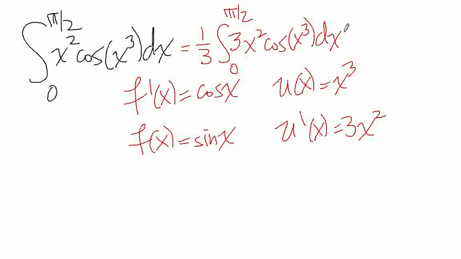Okay, then I'm going to switch to the variable u, and I'm going to get 1/3 the integral of the cosine of just u, evaluated at 0 and pi cubed over 2 cubed, or 8. All right? So let me work that out at the bottom of the whiteboard.